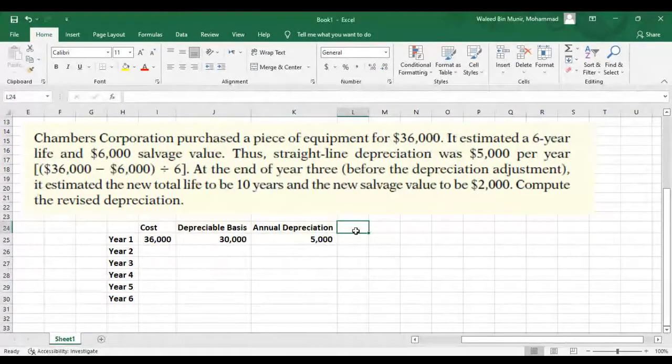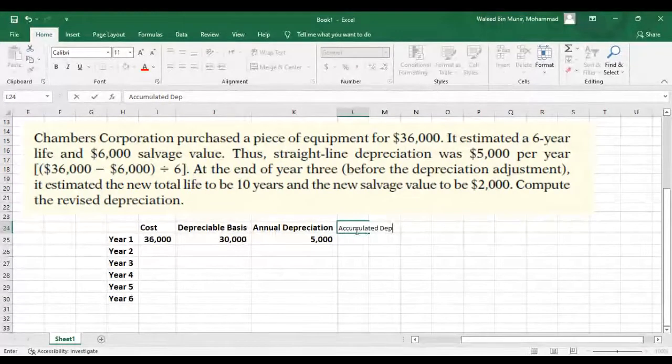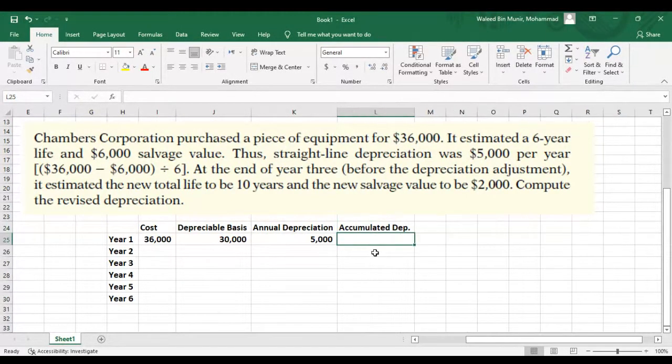What is our total depreciation, accumulated depreciation? In first year, it's the same, right?